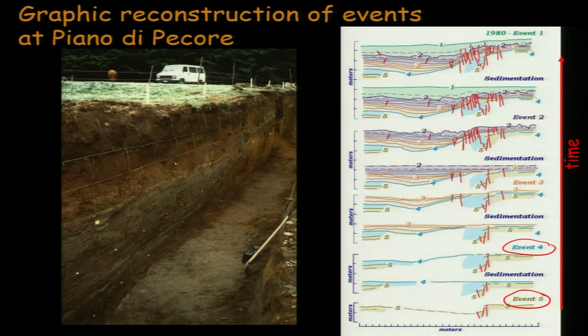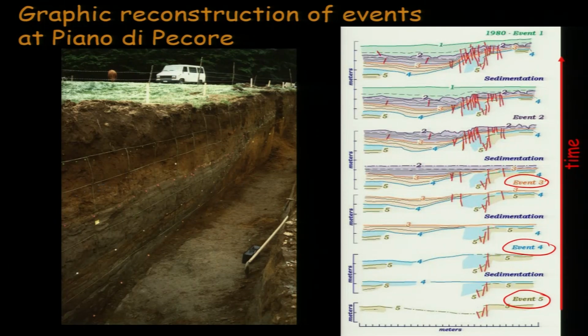Then there was a phase of sedimentation that resulted in the deposition of unit 3, which capped the displaced units 4 and 5. The top contact is unit 4, and then you come to unit 3. So, this was the phase of sedimentation. Again the next event, event 3, displaced layer 3, which was the event horizon, and again sedimentation capped unit 3.